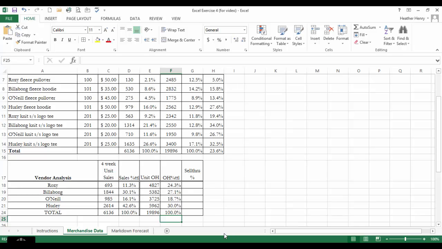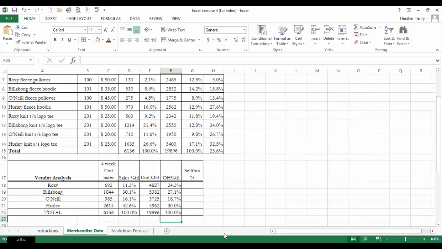So we can see overall, Roxy has accounted for 11.3% of our total sales, but the on-hand inventory accounts for 24.3% of our total. So we can see we have a lot more units on hand than what we are selling.